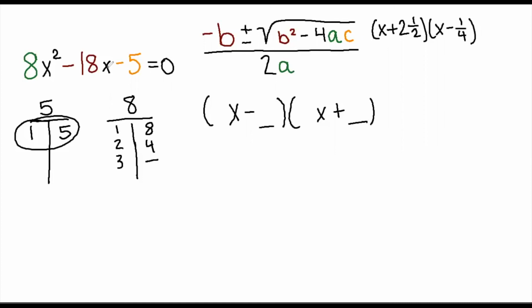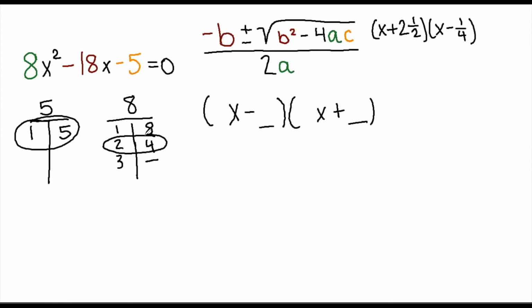So we look at 4 times 5, okay, that gives us 20. That's a lot closer to where we want to be, and so that's what we're going to choose to try first. Okay, and so then when I'm thinking about it, I want my 8 to stay positive, but I want my 18 and my 5 to be negative.